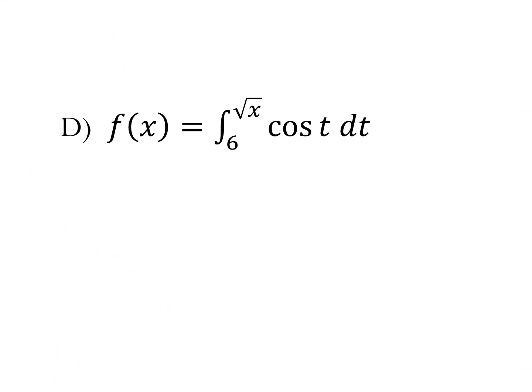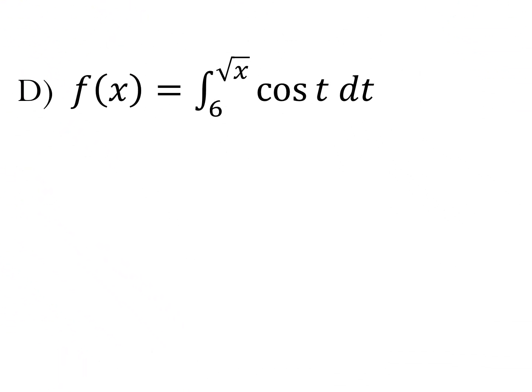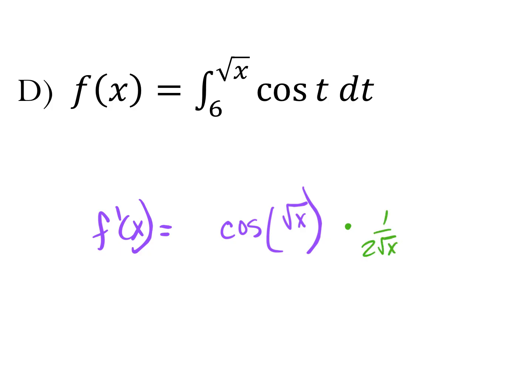So using that set of rules, I can jump right away to saying the derivative of this integral is going to be the cosine of the square root of x. And what I've got to remember is I also then have to use the chain rule and take the derivative of that square root of x, which is 1 over 2 root x.